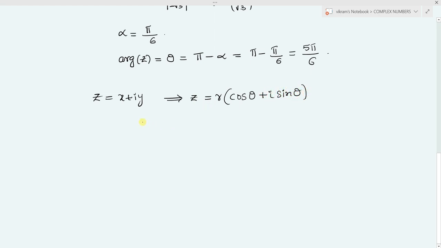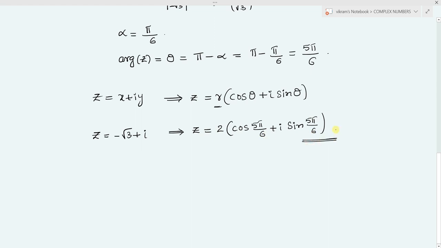For the given complex number z equals minus root 3 plus i, r is 2 and the amplitude is 5 pi by 6, so z equals 2 times cos 5 pi by 6 plus i times sin 5 pi by 6. This is the way of finding the modulus amplitude form of any given complex number.